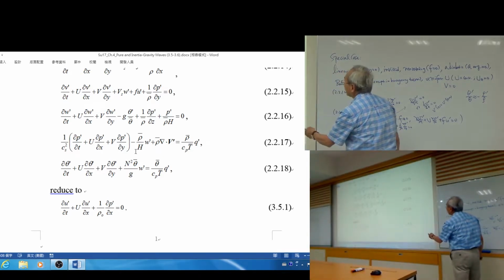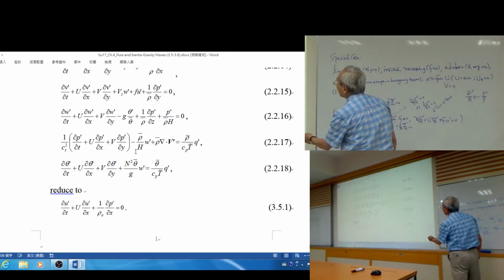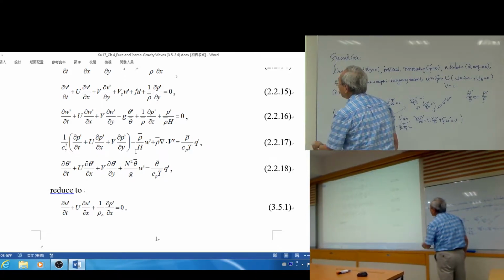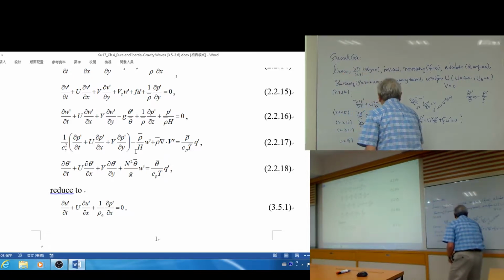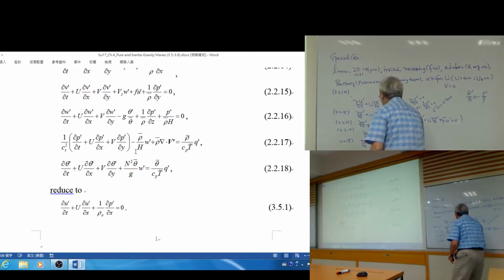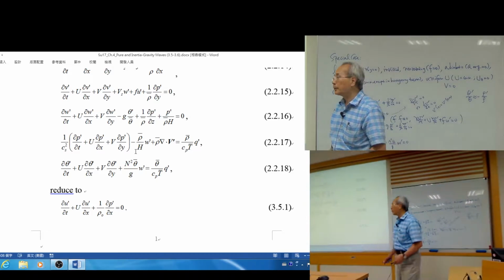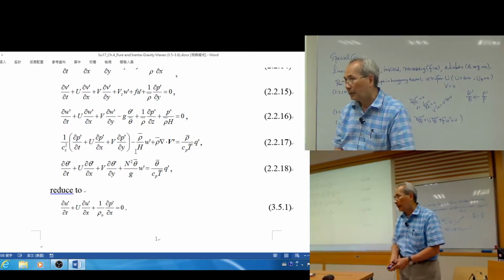And then dy is 0, and then we have this term. That term becomes N squared theta naught, because it's Boussinesq, divided by g, times w prime equals 0. So it becomes a simpler set of equations.